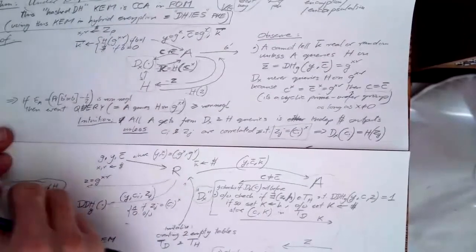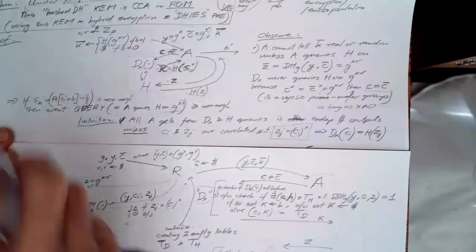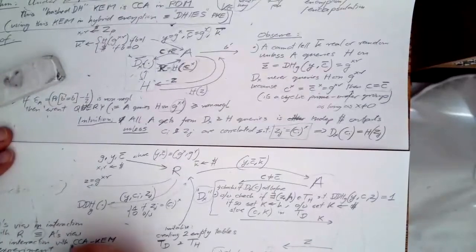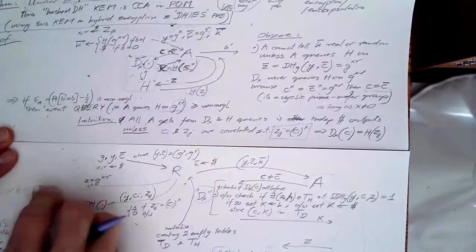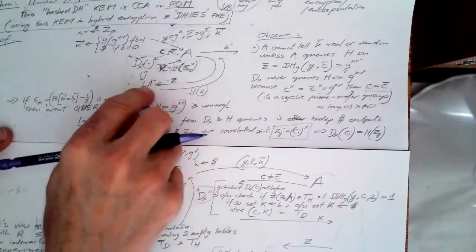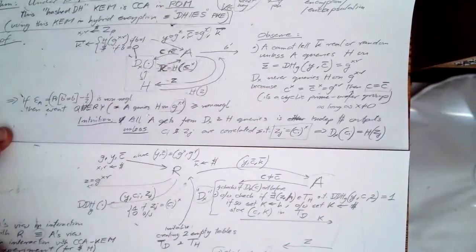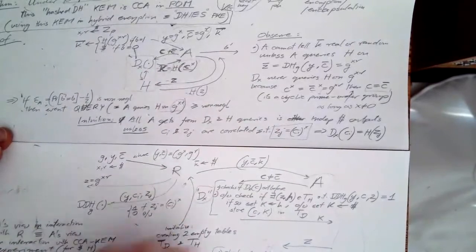Actually, I should say this hash function only plays a role in the CCA game for random H, right? So in the real world, H is a random function. In the simulation, in the reduction, H is manipulated by the reduction.